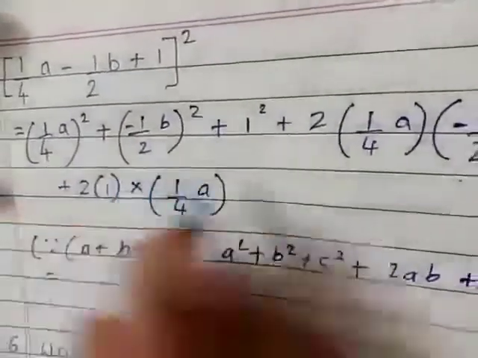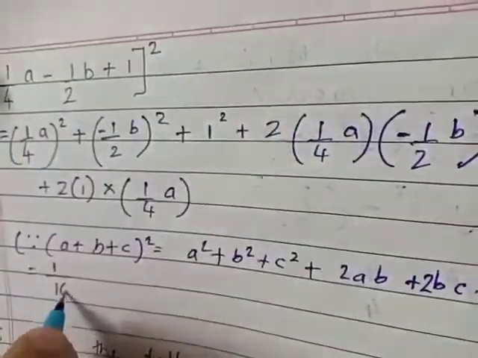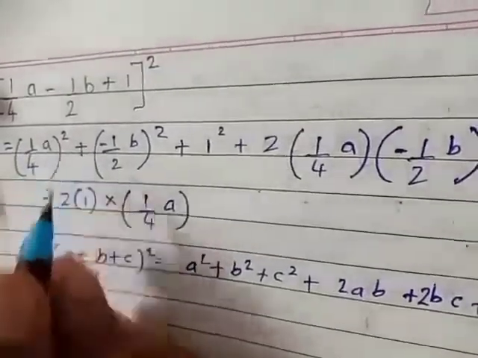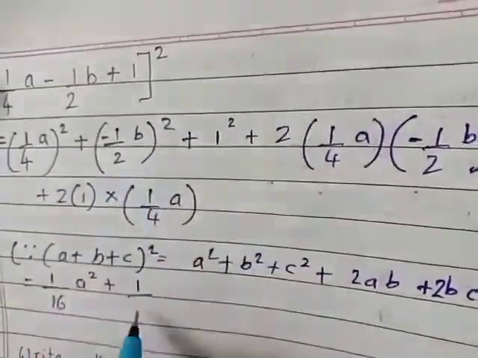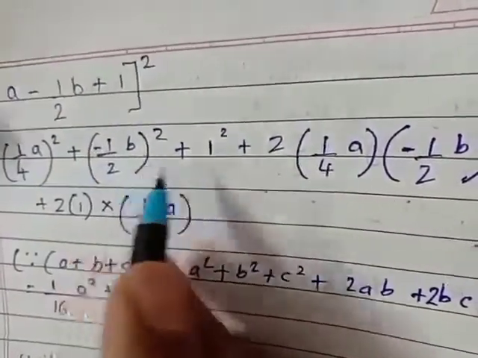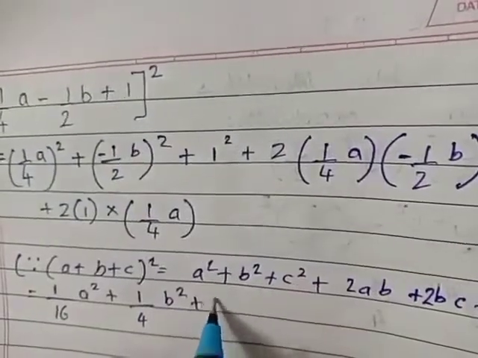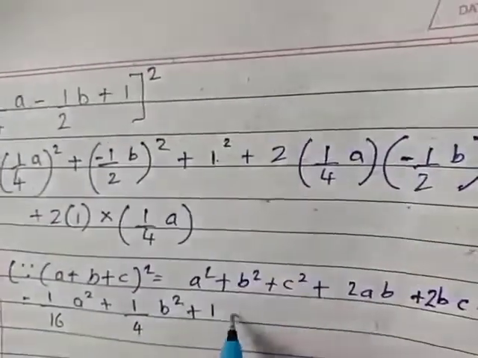Now if we solve this, if you open the brackets, what will be? 4 square 16, and a into a is a square plus 1/2 square is 4, b into b is b square, minus will become plus. Plus 1. Then minus plus plus is minus.